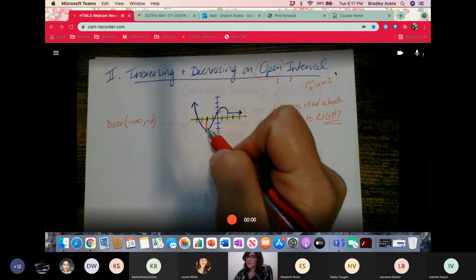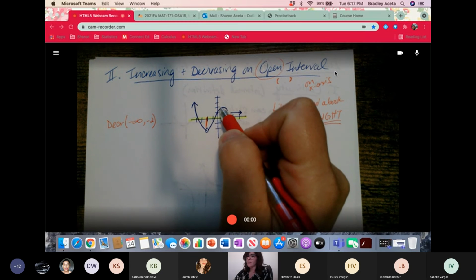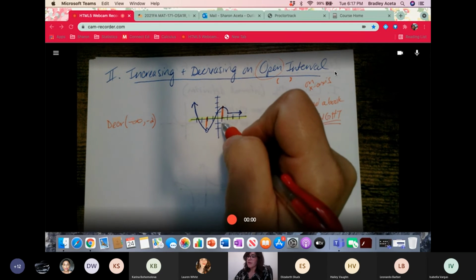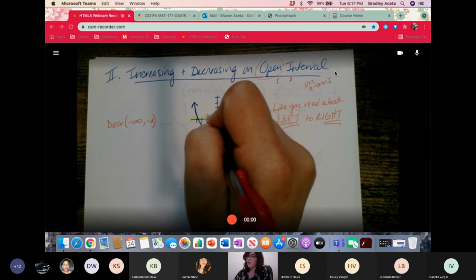And then what happens after that? Well, then it looks like my pen goes up until about where? Probably about right here. Well, what is that along the x? That's 1. This was -2.